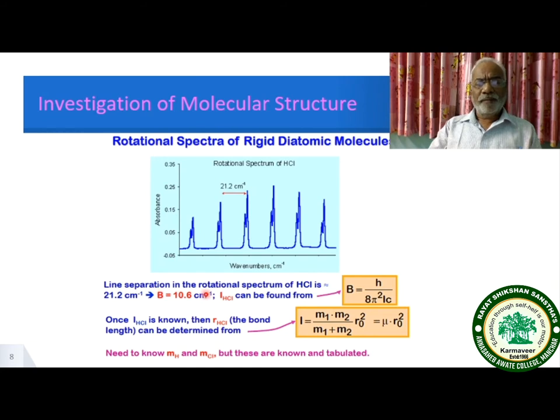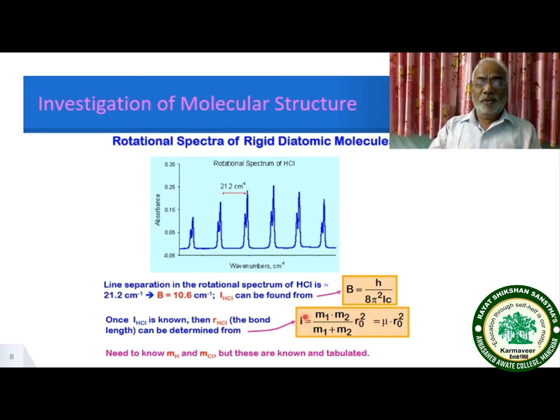Just simple. And from this known value of B, B is known, h is known, 8 is known, pi is known, c is known, I can be evaluated. So I of HCl can be found out. Once you know I, and once you know the atomic masses, the bond length can be evaluated.